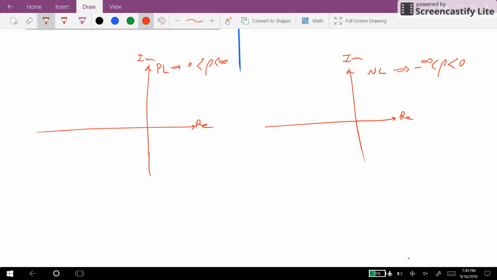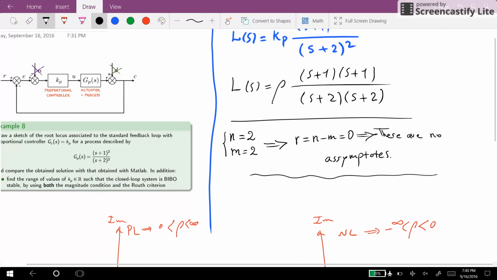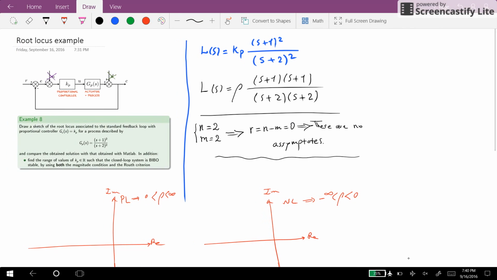We have two poles at s equal to minus 2. P1 is at minus 2 and P2 is at minus 2. These are the poles. And we have two zeros at minus 1.